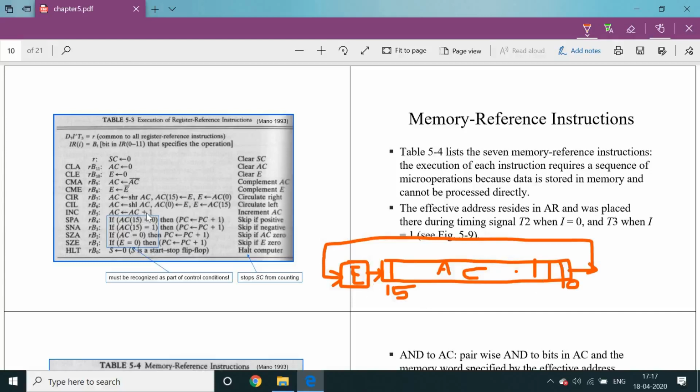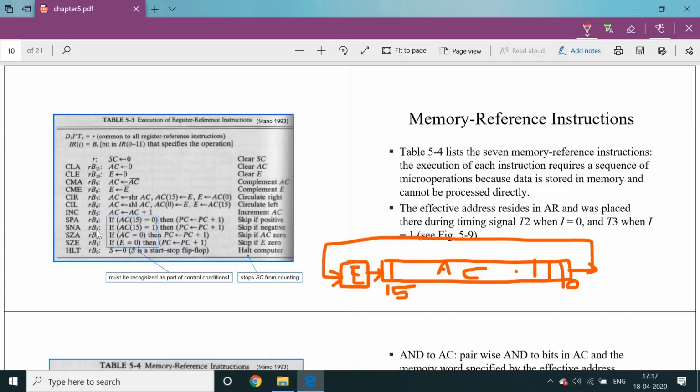Increment means the accumulator is added with 1, and after the addition the complete result is stored into the AC. Next, skip accumulator if positive.